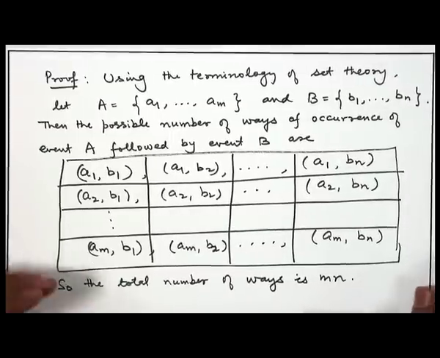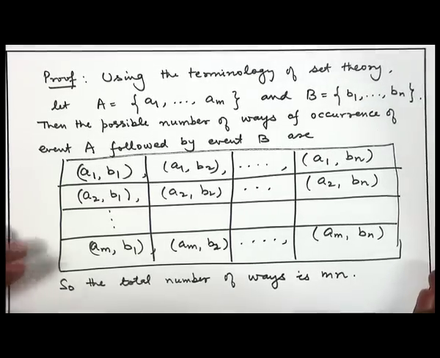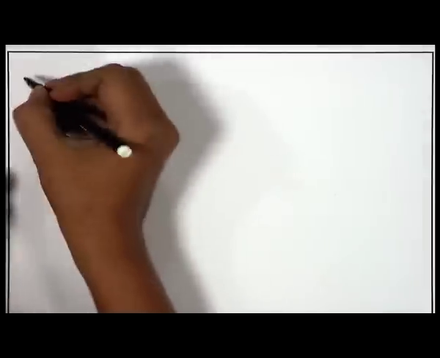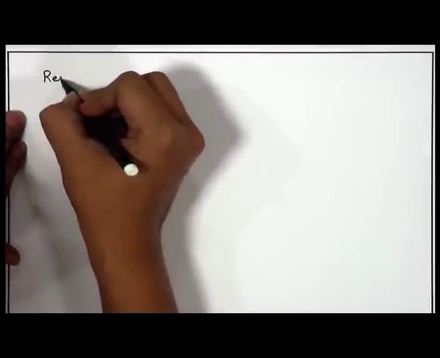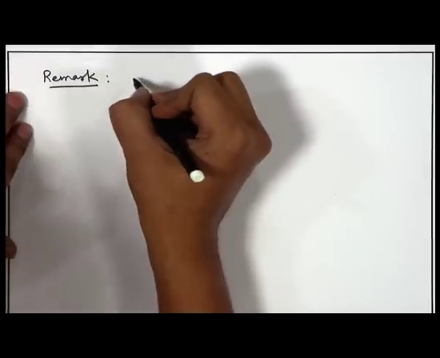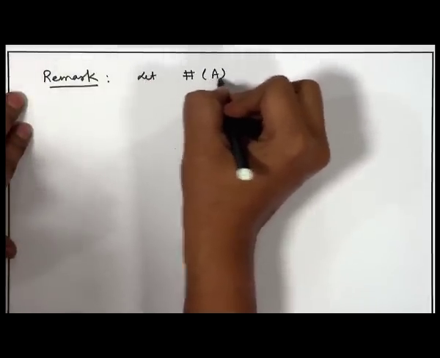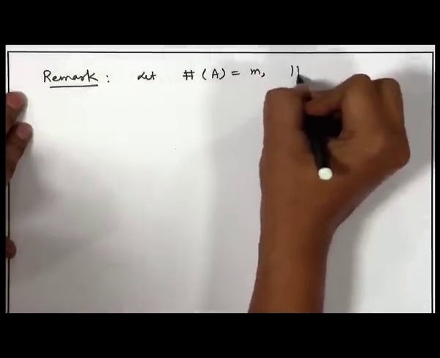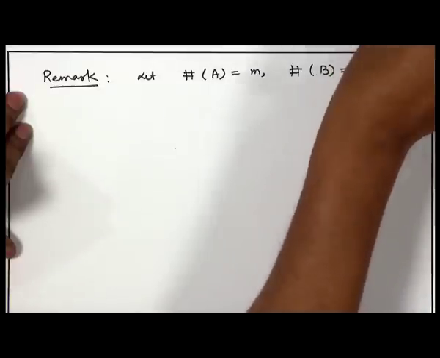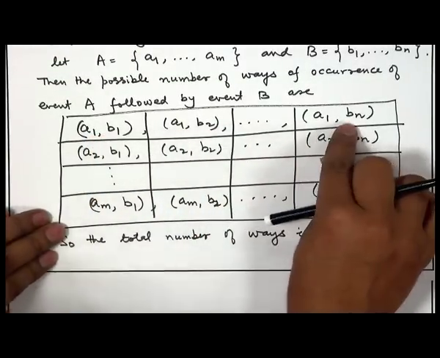Once again we can write the formula using the cardinality principle here. Let cardinality of A be m, the cardinality of B be n. Then what are these elements? Actually a1 b1, a1 b2 and so on.